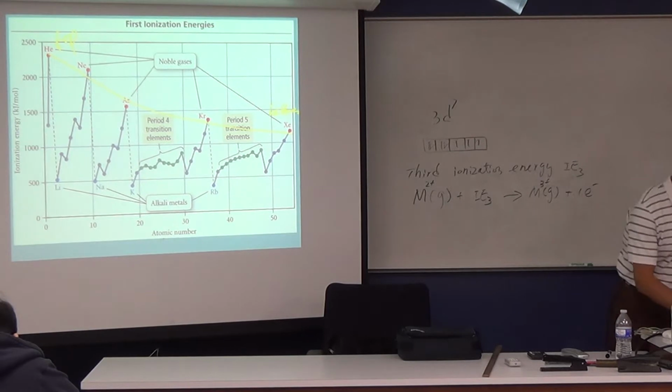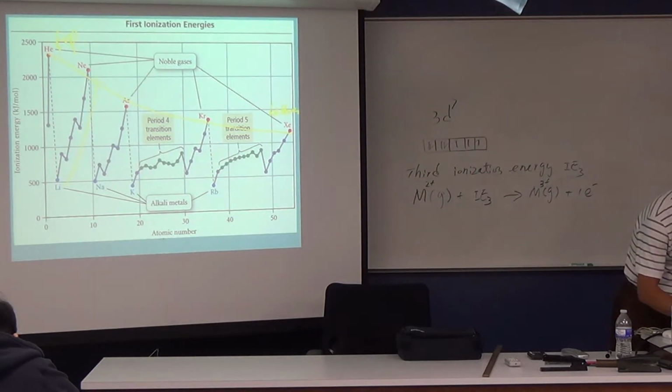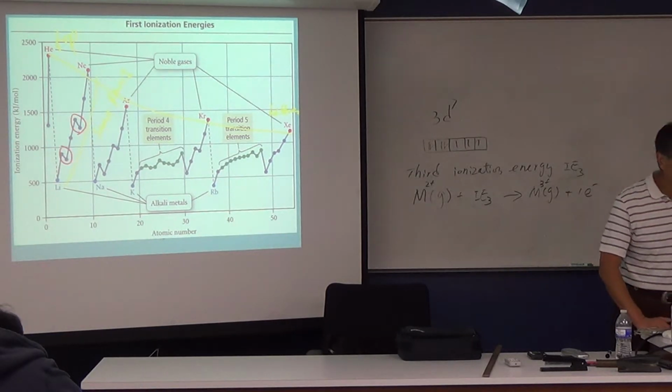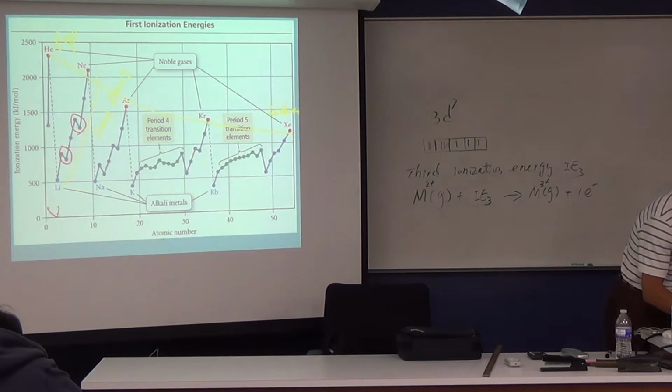The other pattern is going across the same period. So in the same period, in general, going from left, this is our left side, and that is our right side.